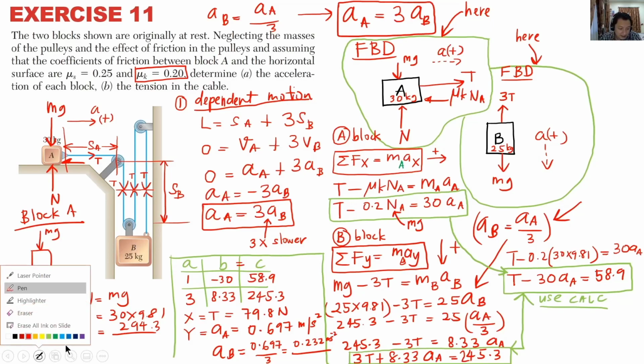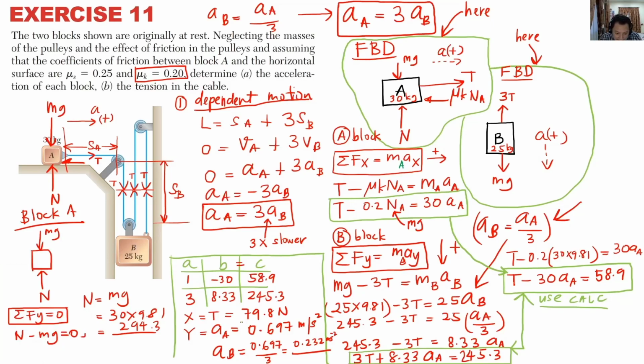Okay, so this is the final answer for tension of the cable. Block A moves to the right 0.697. Block B slightly slower, going down 3 times slower than block A at 0.232. So done.